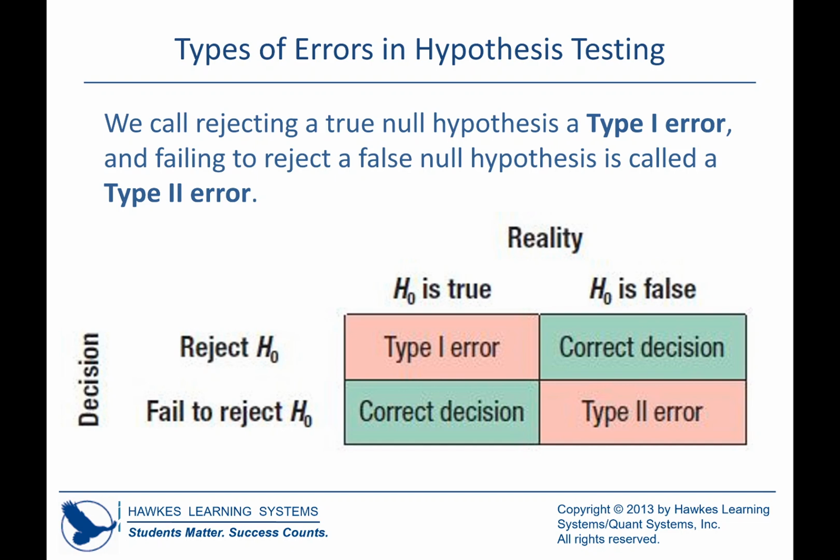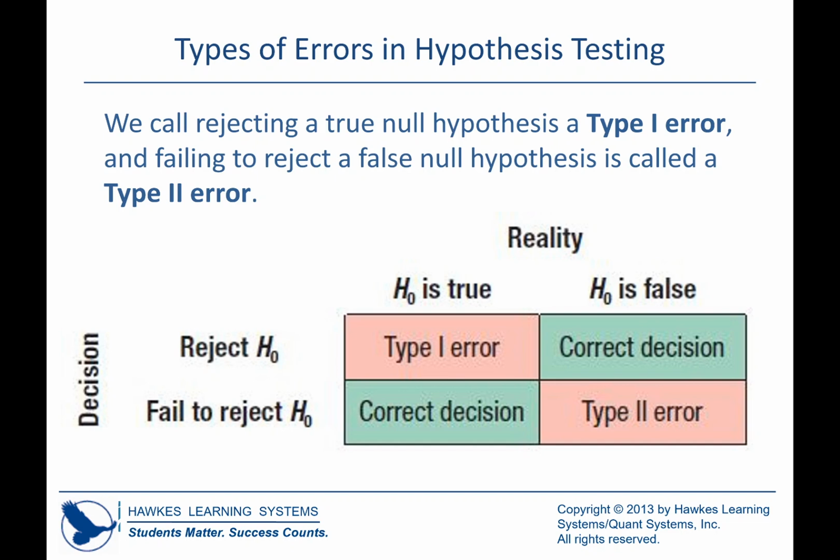Okay? So in practice, what ends up happening is we're forced to choose which one of these is worse. Is it worse if we reject a true null hypothesis, or is it worse if we fail to reject a false null hypothesis? And that decision is different depending on the context of where you're doing the hypothesis test.